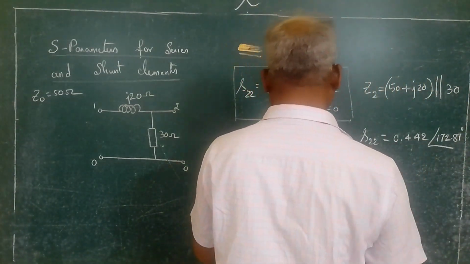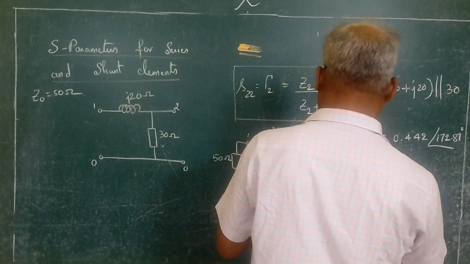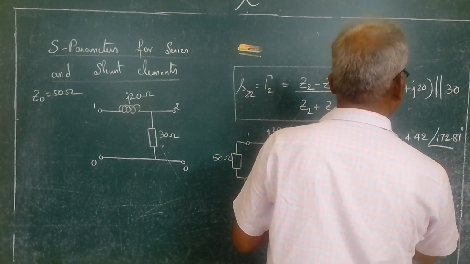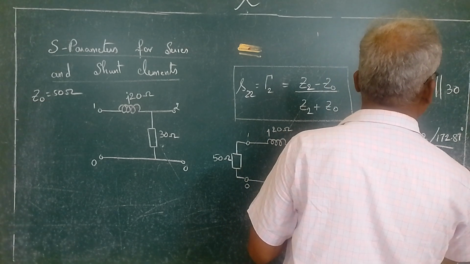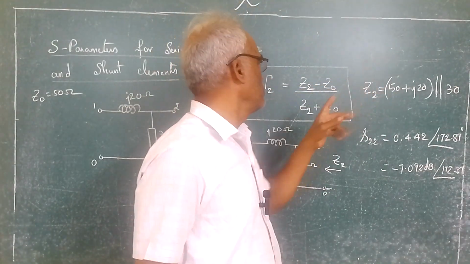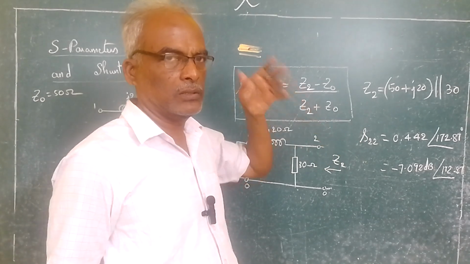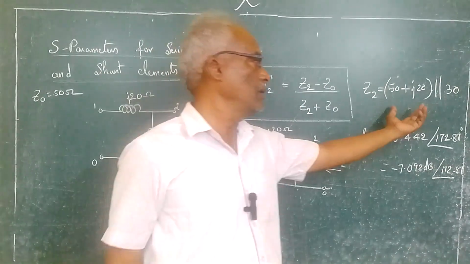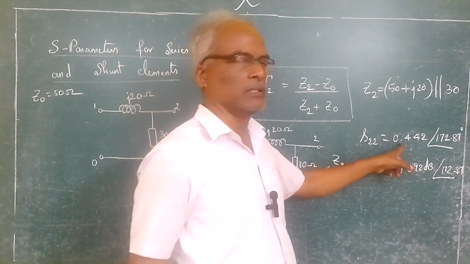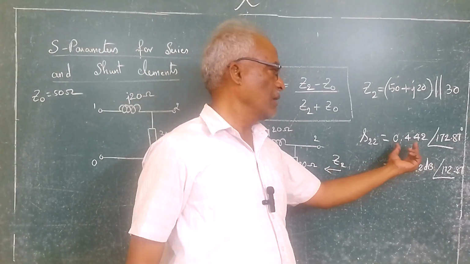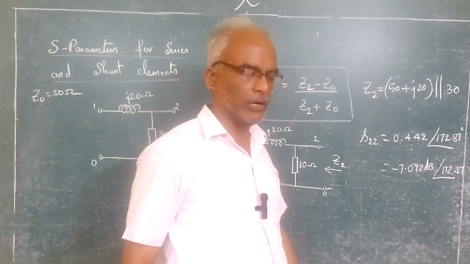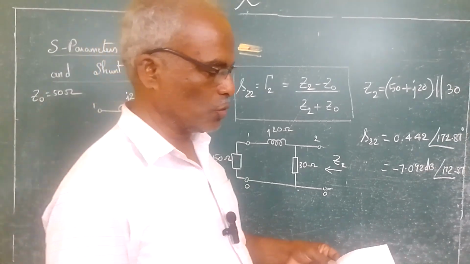If you convert this into dB, you will get minus 7.092 dB, and the angle will be the same, 172.87. So the idea is first find Z2, then substitute into Z2 minus Z0, with Z0 equal to 50, divided by Z2 plus Z0. On simplification you get this in polar form. Converting to decibels with 20 log 0.442 gives this answer, and the angle won't change. So that is S22.